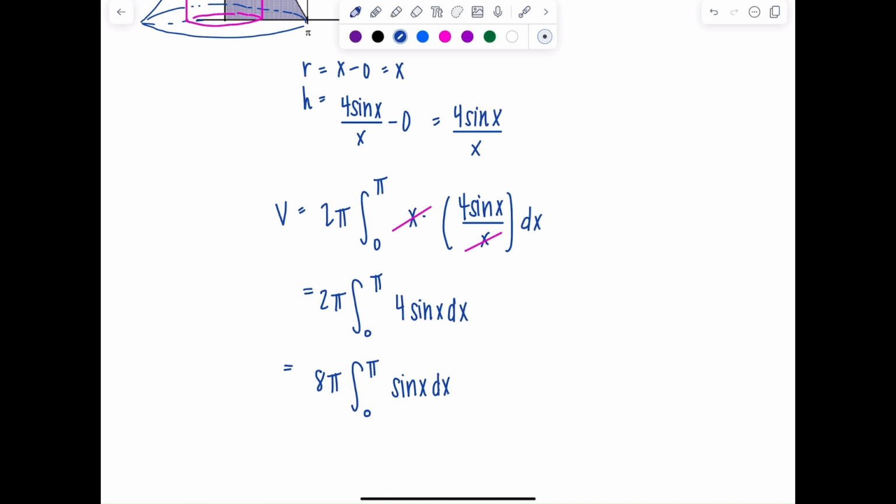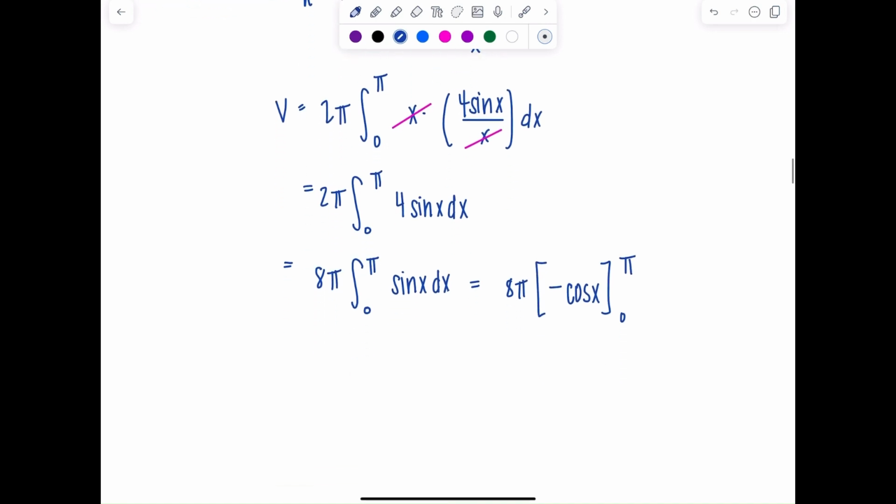And then from here, let's just think, whose derivative did we take to get sine x? Not cosine, because derivative of cosine x is negative sine x. So this is 8 pi times negative cosine x evaluated from 0 to pi. Okay, good.